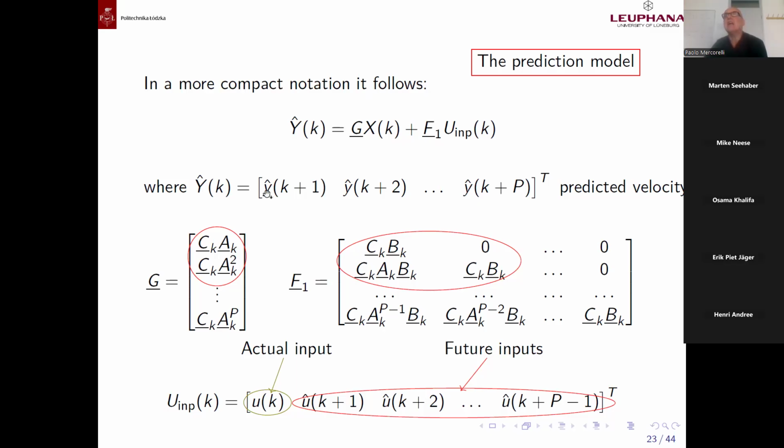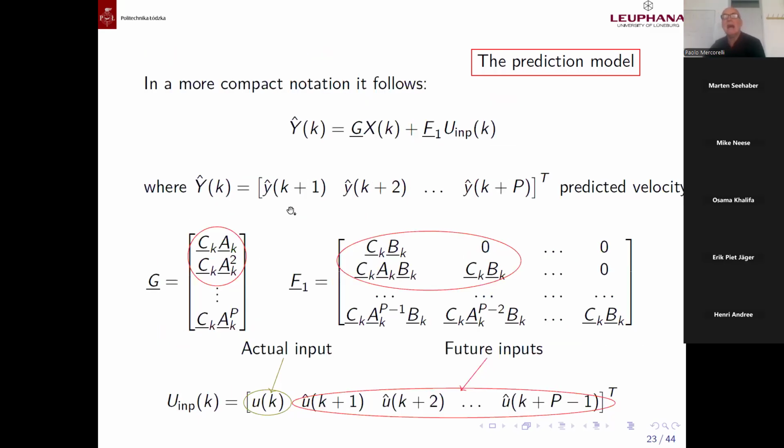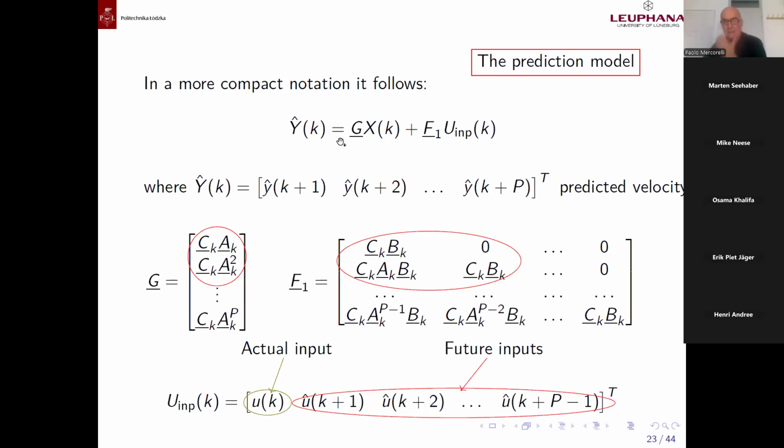capitalized as the column vector characterized by the output, this means I vectorize this with this first component of the vector y hat capitalized. This is the second component. This is the p component. I will have this vector here as a column, exactly looking at here, equals G multiply x of k plus F1 multiply u input of k.